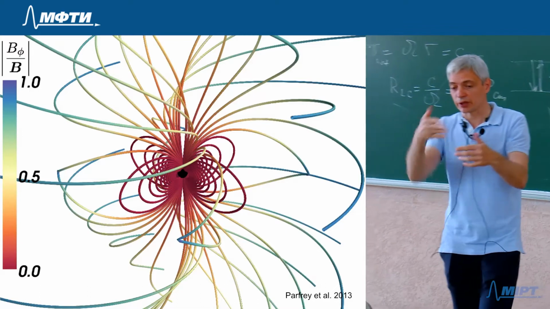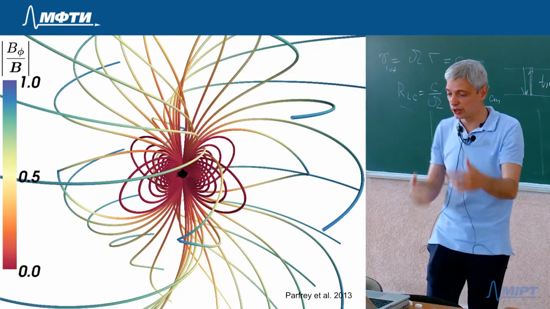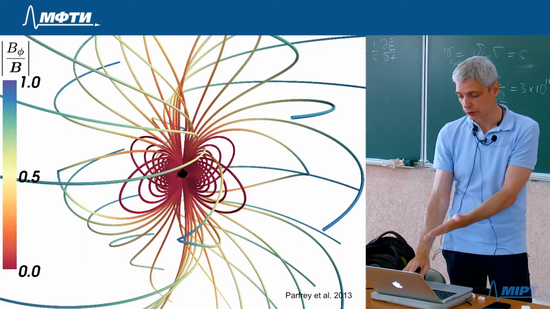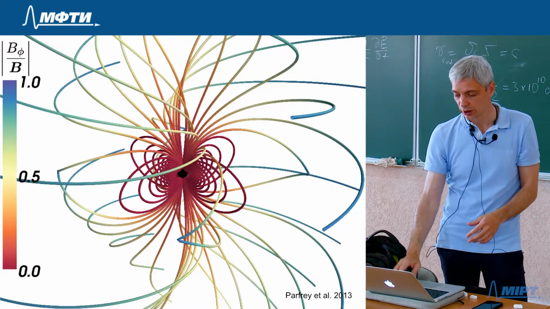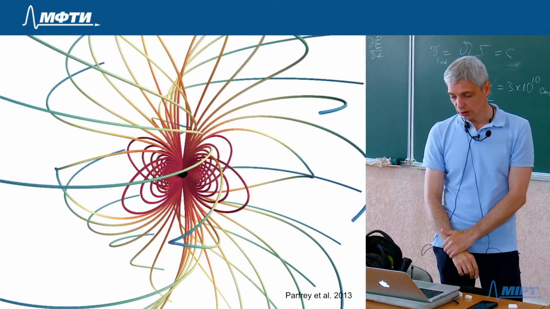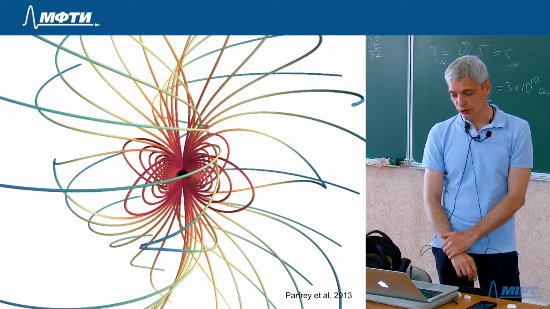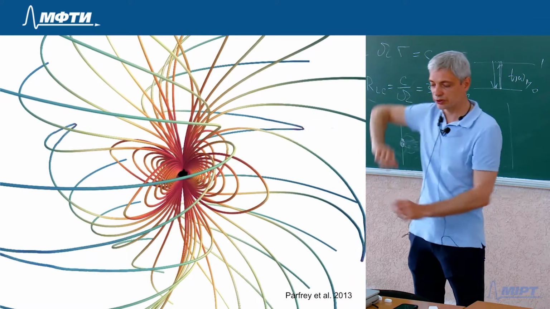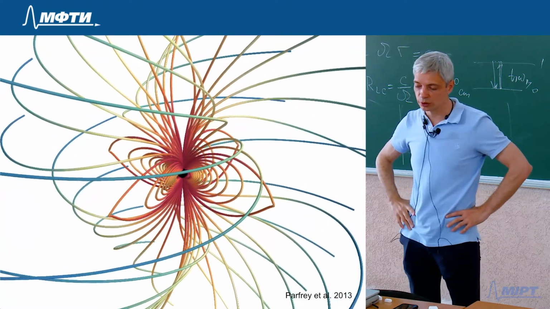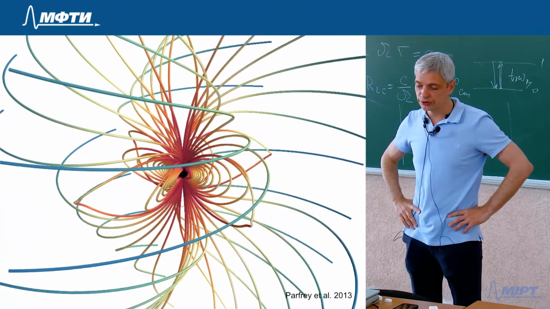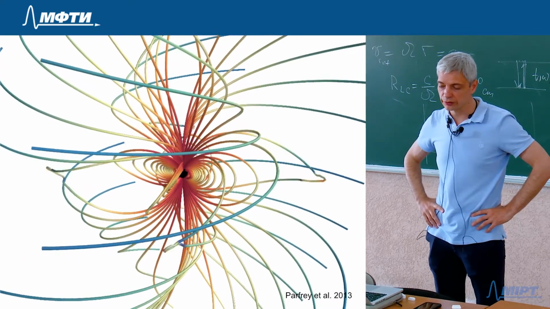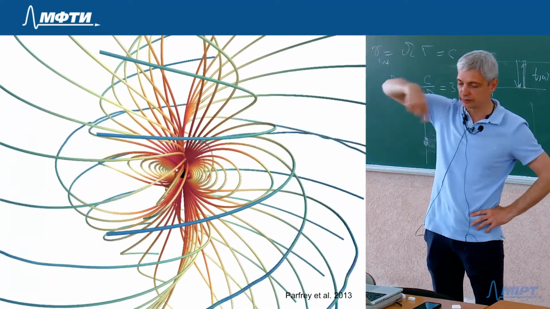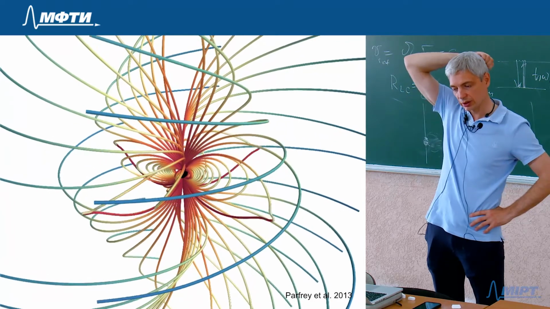Of course, it's axisymmetric, so every slice does the same as the other slice. It was Kyle Parfrey who made this movie and thought it's nice to have 4. So let's start. You see the turning of the hemisphere begins to twist up the magnetic field lines more and more. You can see how there is more blue current, and how the field becomes more and more twisted.